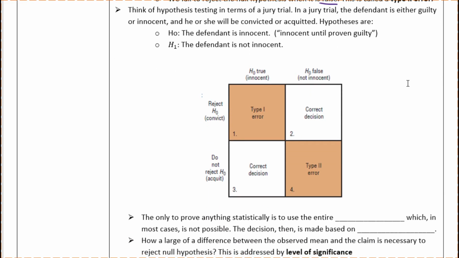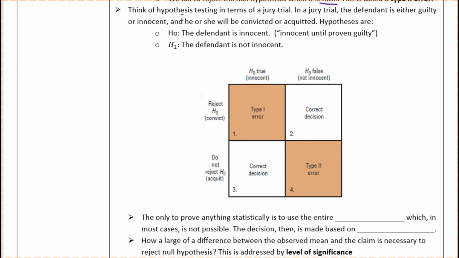So think of it in terms of a jury trial. In a jury trial, our null hypothesis is that the person is innocent, right? The person under trial is innocent until proven guilty. So the H0 assumes the person's innocent. Our alternative is that the person is not innocent, or in other words, guilty.